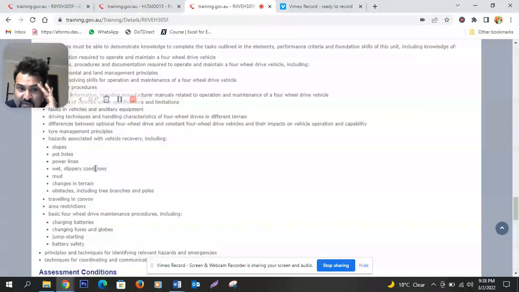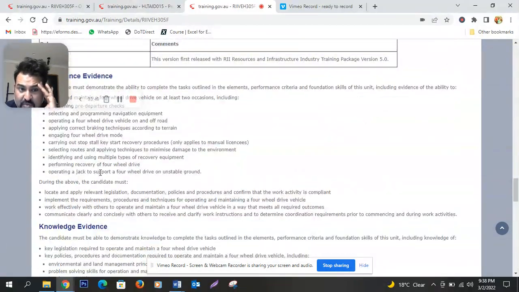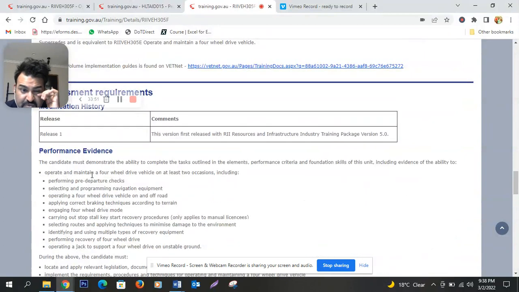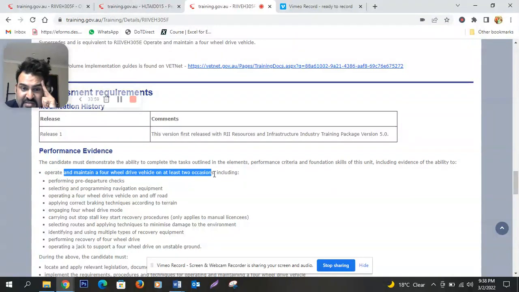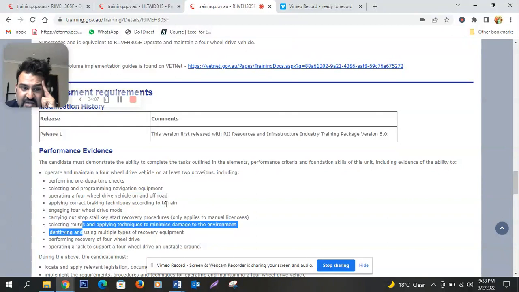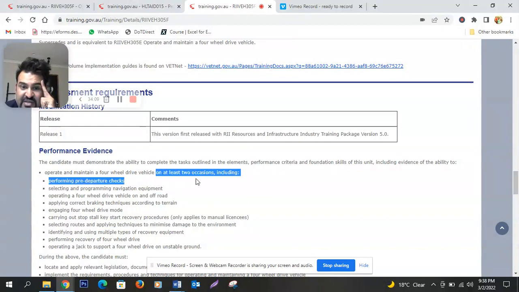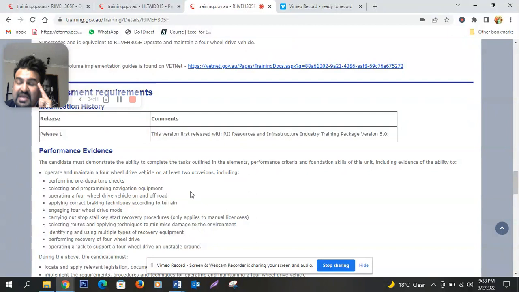When I come down over here into the performance evidence, I told you before as well, they say operate and maintain a four-wheel drive vehicle on at least two occasions, including performing pre-departure checks. So they were asking me to do that on two occasions.